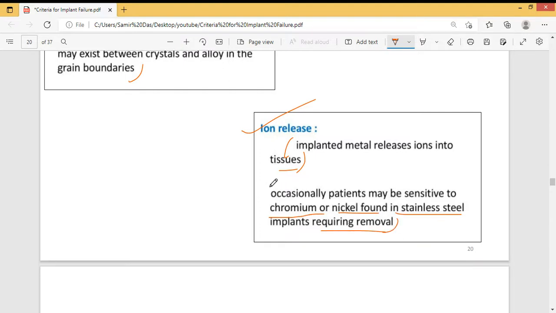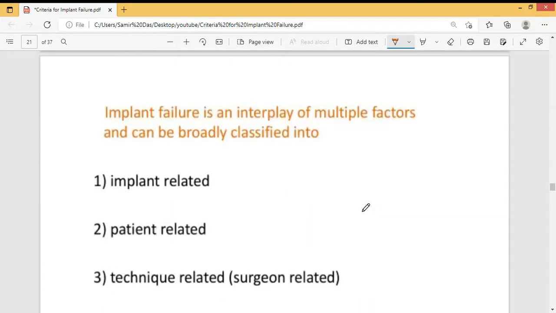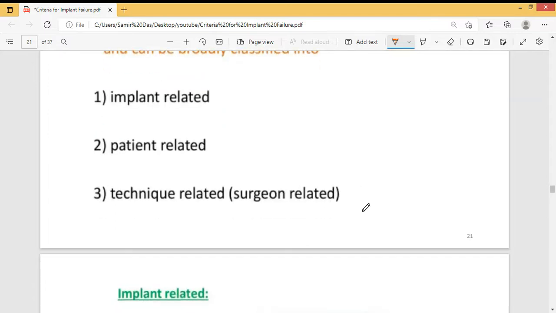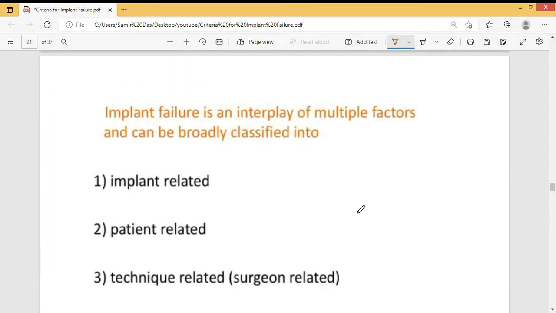Remember, when we go for chromium or nickel coating, or nickel and chromium mixed with the stainless steel, only then will this kind of ion releasing process start. Those are also the main common factors for failure of implants, mostly corrosion and its different types.